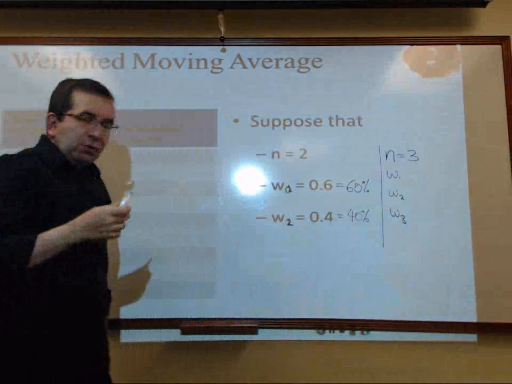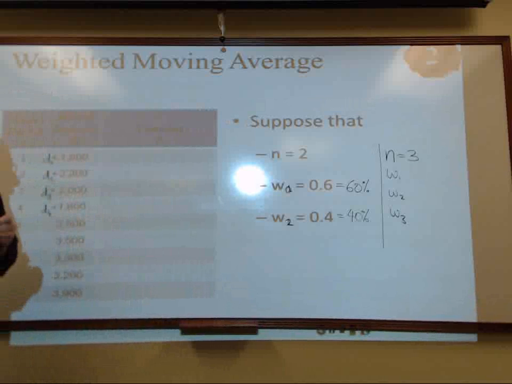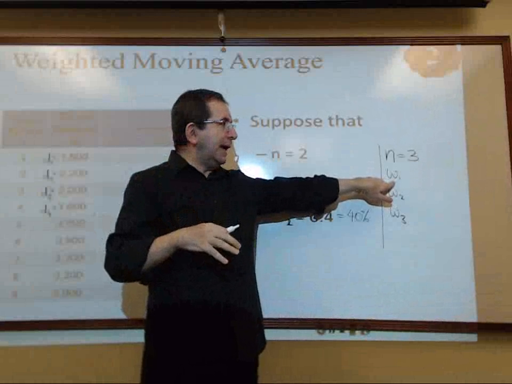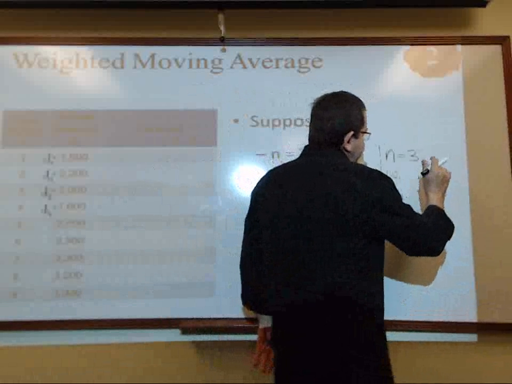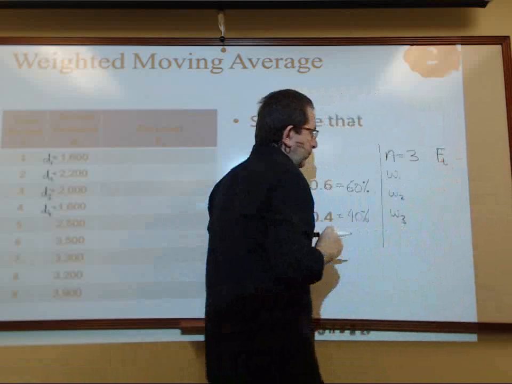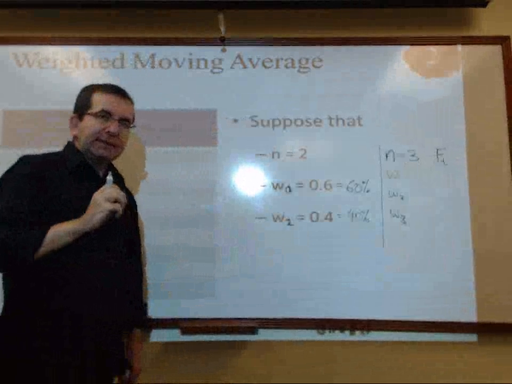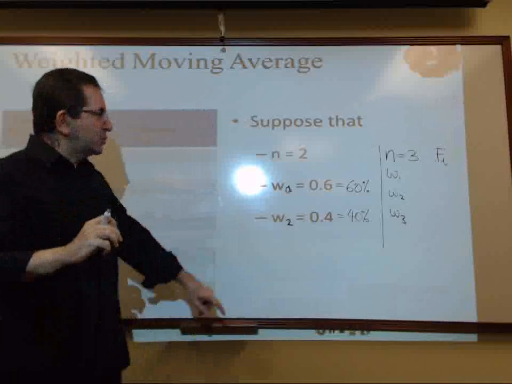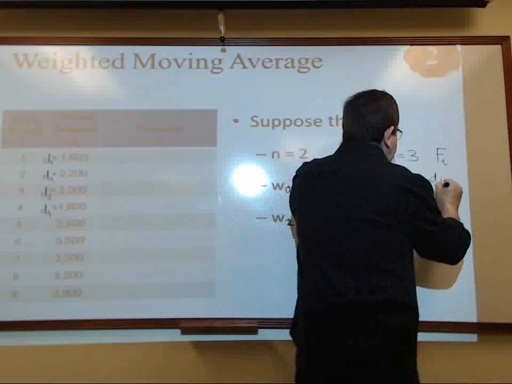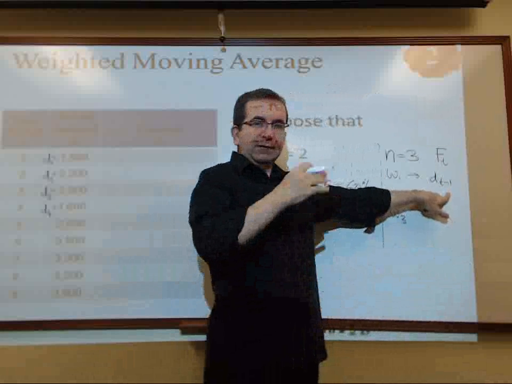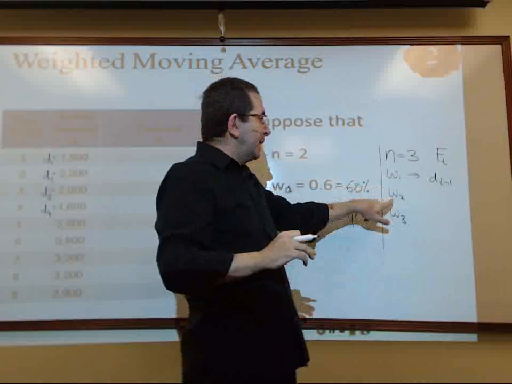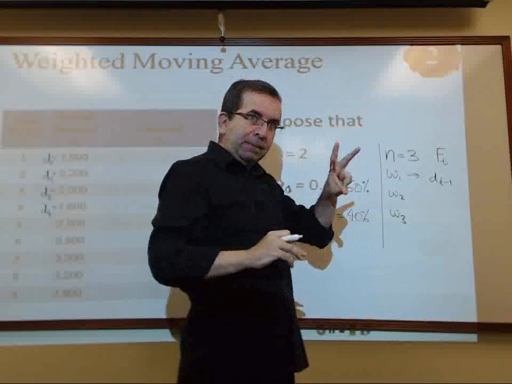Now, what do these weights mean? W1 means you go back 1 period. So let's suppose I'm forecasting period T. I'm going to weight period dt minus 1 by W1. So I go back 1 period from T to T minus 1, and this is the weight I'm going to use.